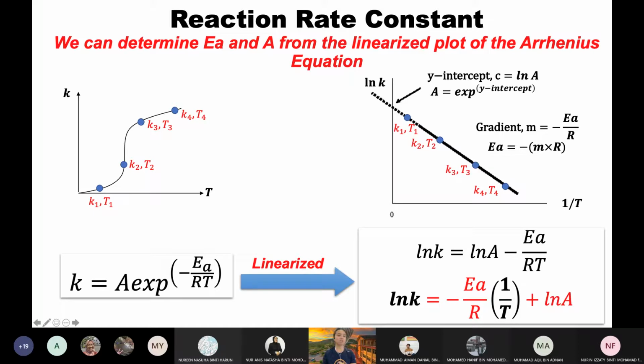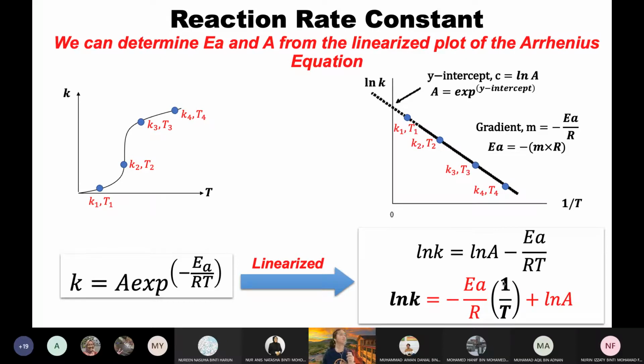So kalau temperature tu saya reciprocalkan 1 per T, I get the data for my X axis. Maksudnya data X axis saya adalah 1 per T1, 1 per T2, 1 per T3, 1 per T4.